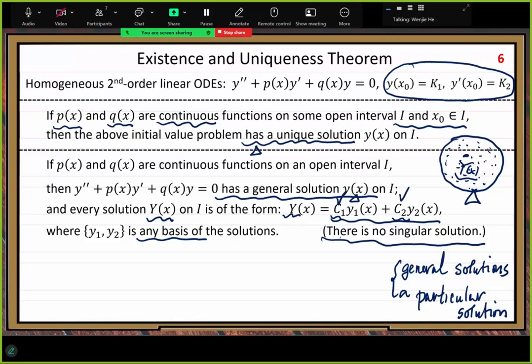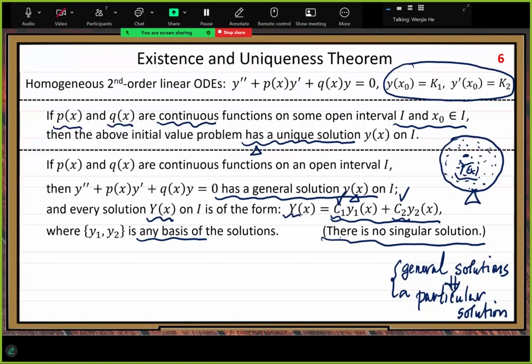C1 equals a certain constant value, C2 equals a certain constant value. That is a particular solution. So to get a particular solution, you just choose certain constants from the general solution. That's the relationship.